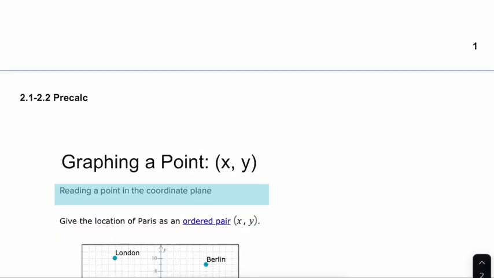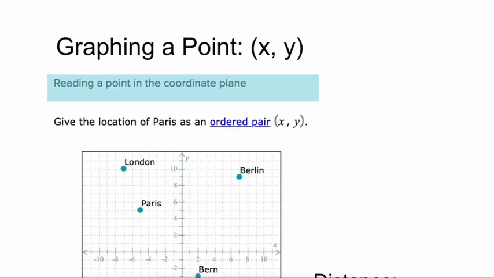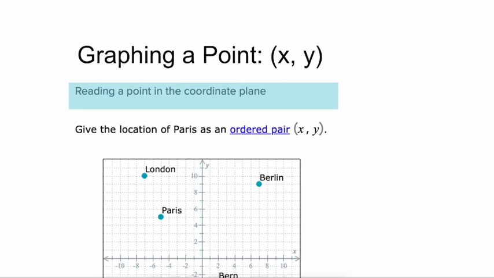Okay. Let's talk about a point. Points on the coordinate plane are traditionally going to be called x and y. Remember, your x goes either left or right. Your y's go up or down.